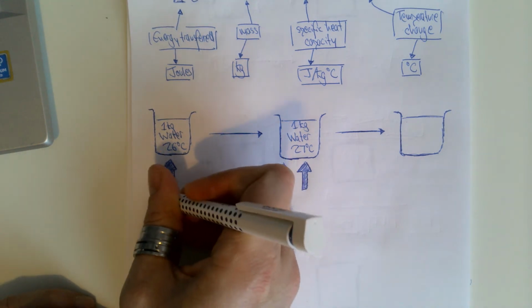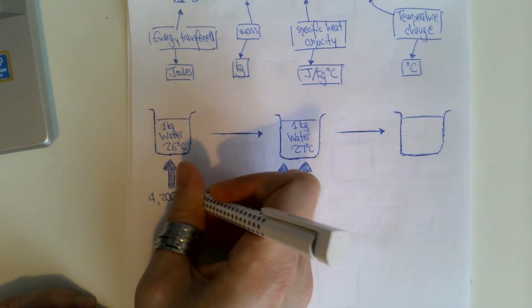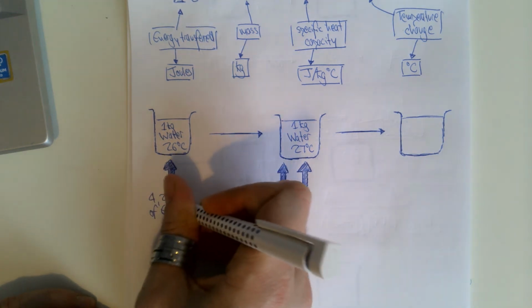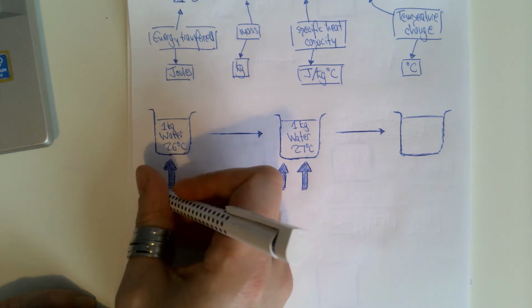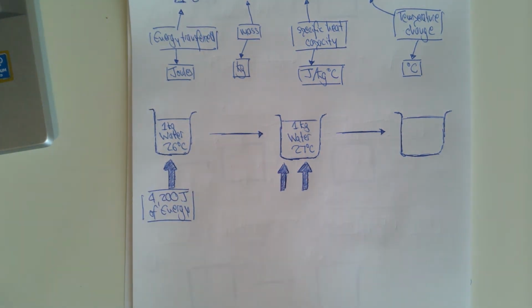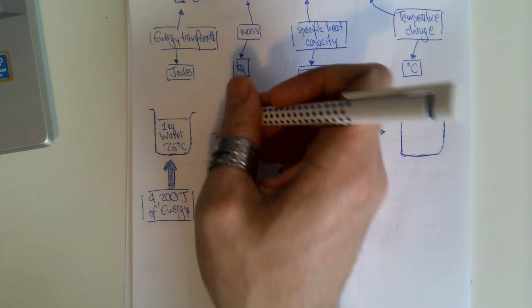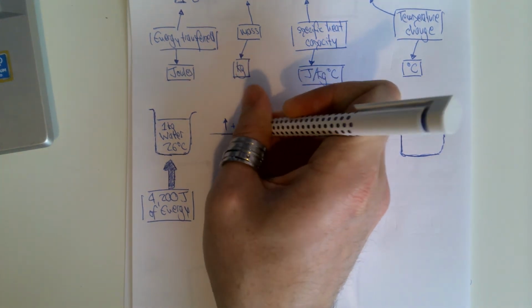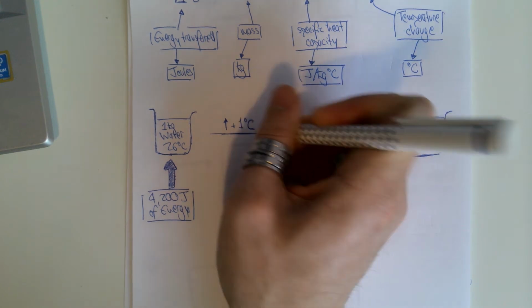Now, this amount of energy depends on the bonds between the different molecules and within the atoms of the substance that you are heating. But in the case of water, if you apply 4,200 joules of energy to 1 kilogram of water, you are going to increase the temperature by 1 degree Celsius.